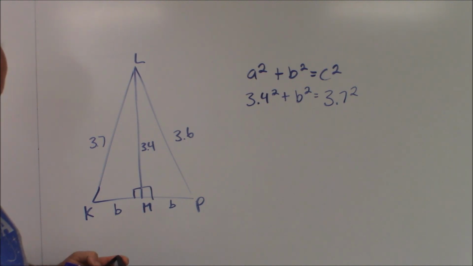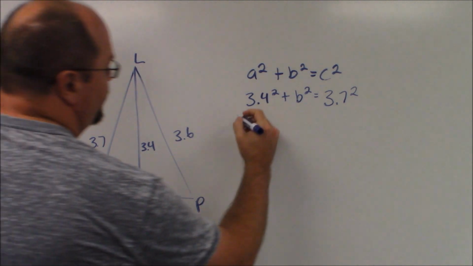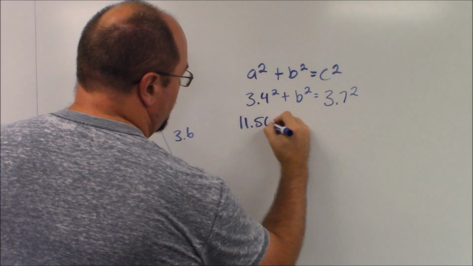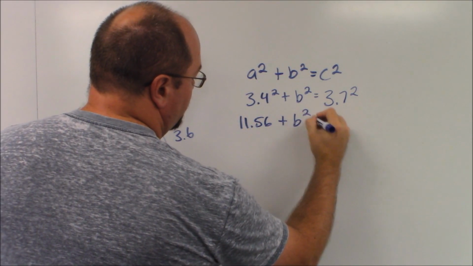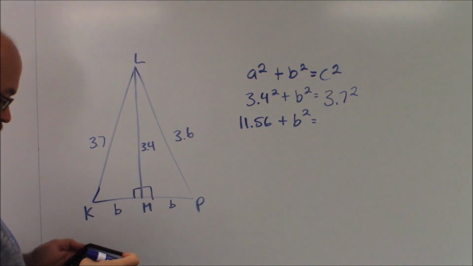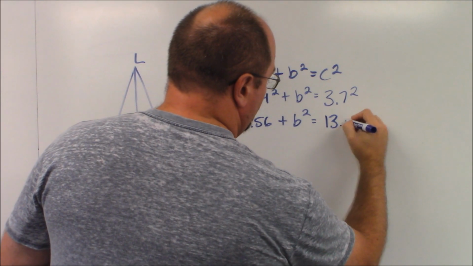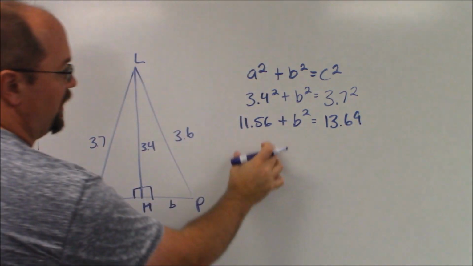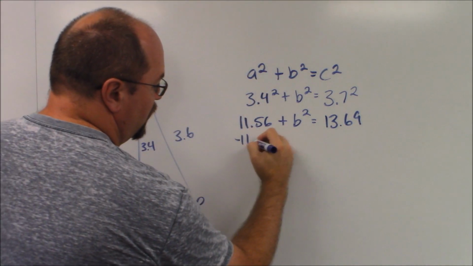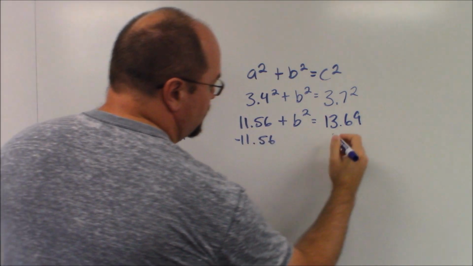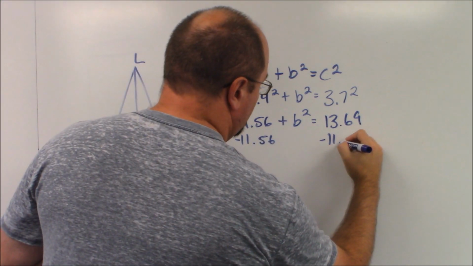So 3.4 squared is going to be 11.56. Please be following along with me as I do this. 3.7 squared, 13.69. Now I need to subtract this 11.56 from both sides.